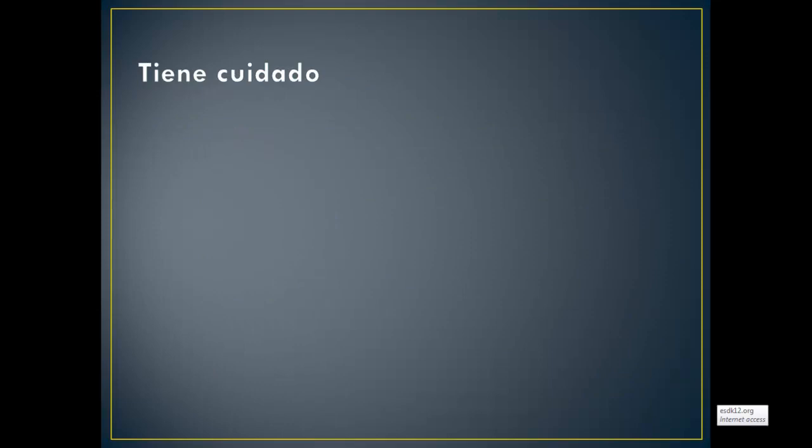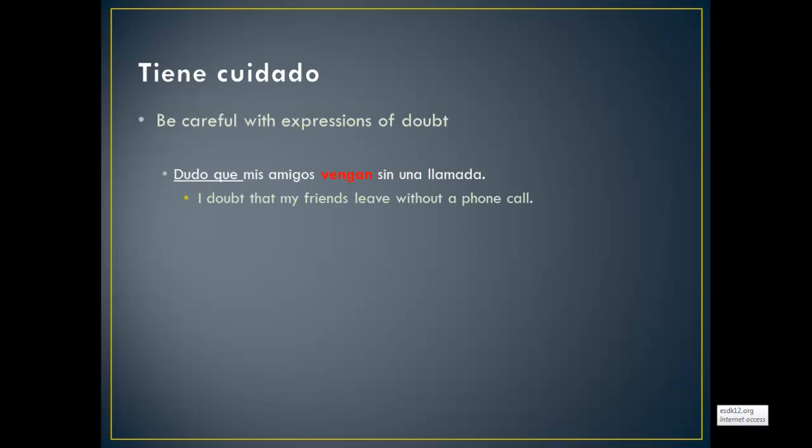Okay. So be careful coming back to that doubt. Make sure that your expressions really express doubt. So if I say dudo que mis amigos vengan sin una llamada, I doubt that my friends will come without a phone call. We're going to use the subjunctive there because in your main clause it says I doubt. And I doubt is going to be the subjunctive trigger.